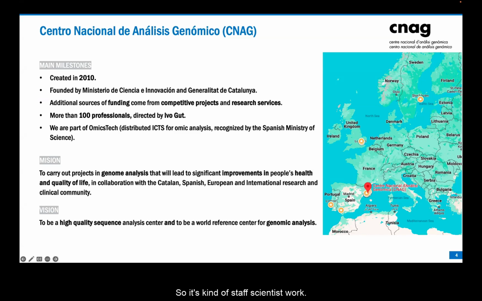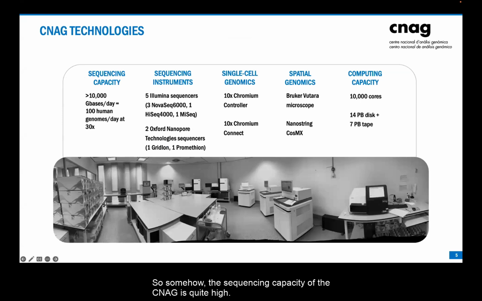It's kind of staff scientist work somehow. The sequencing capacity of the CNAG is quite high. We can sequence more than 10,000 gigabases of human genome in one day. We have a wide variety of Illumina sequencing instruments and a quality certification for Illumina.